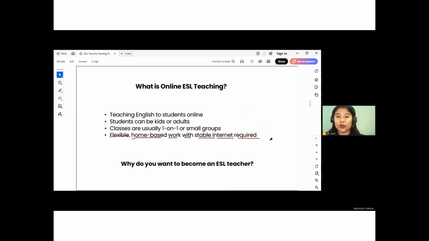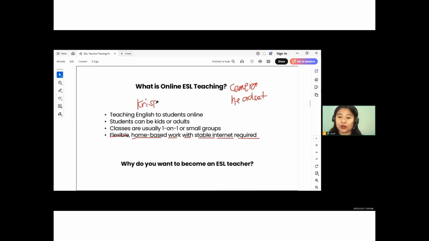So you must have the following. I'll just write it here. You have to have your camera, working headset. As much as possible, you have to use a headset with noise canceling feature. If not, you can just download Crisp.